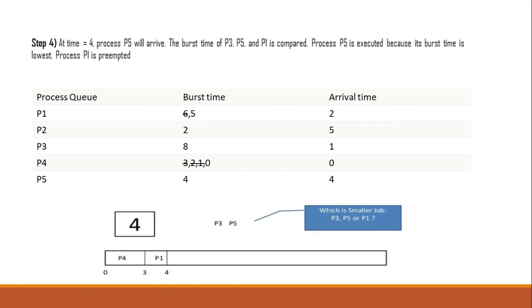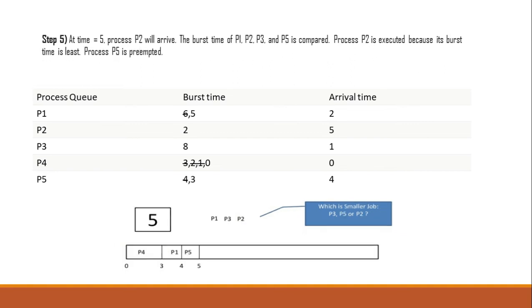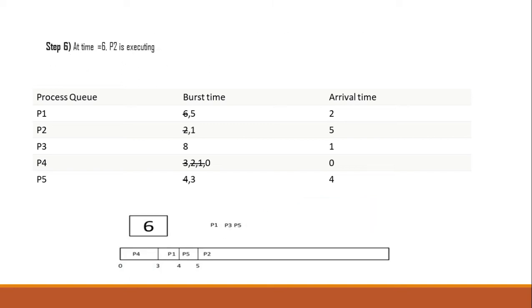Therefore, P1, P3 and P5 are in the queue, and P5 has the lesser burst time. P5 enters the CPU for 1 unit of time. At this time, P2 comes into the environment. Therefore, P5, P1, P3 and P2 are competing, and P2 wins because it has the lesser burst time. That's P2 executing.